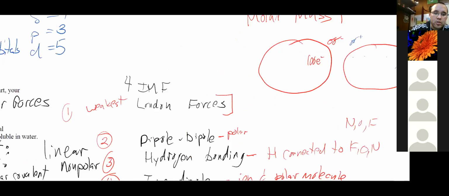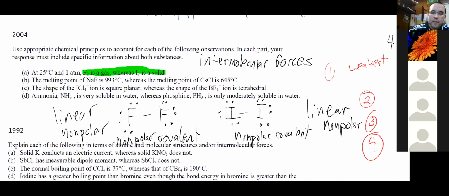So looking at our two molecules, I2 and F2, who has a higher molar mass? Iodine. So let's be confident. Who has a higher molar mass, iodine or fluorine? Iodine, right? So our I2 has a higher molar mass than the fluorine gas. And so it has stronger London forces.